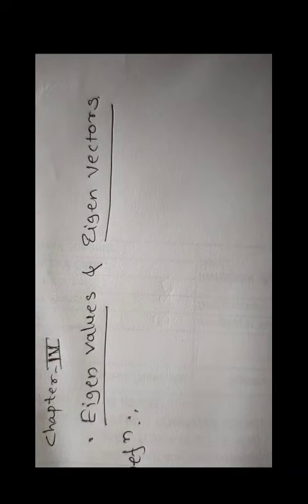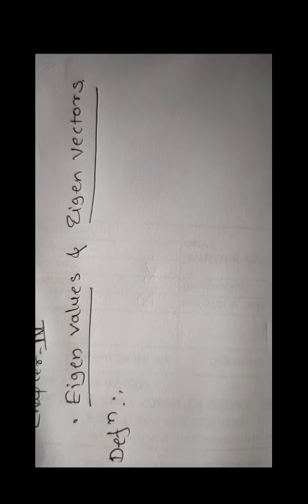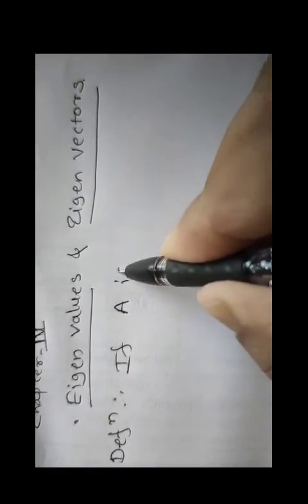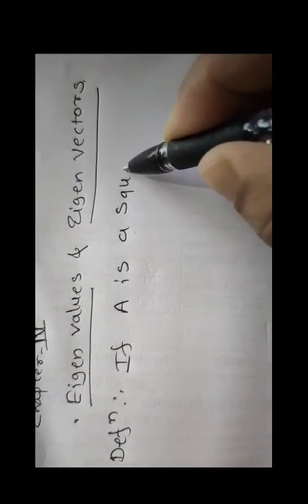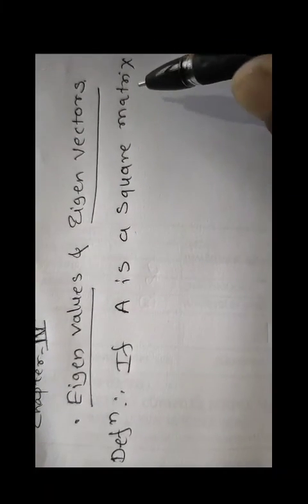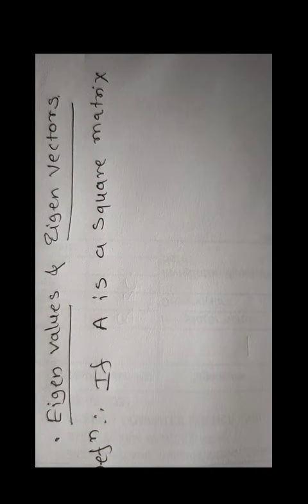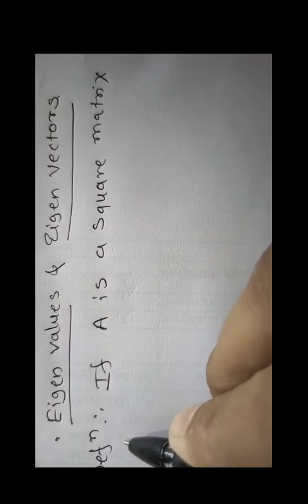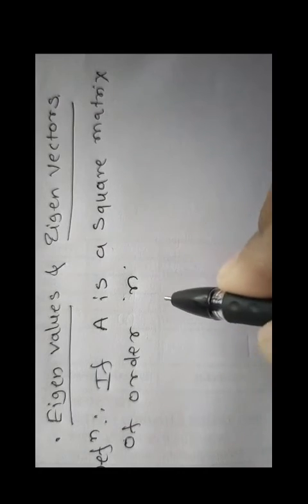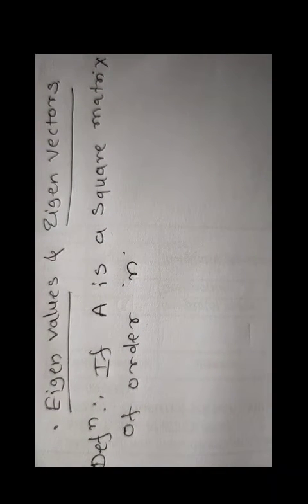If A is a square matrix of order n, so here order is n means there are n rows and n columns.